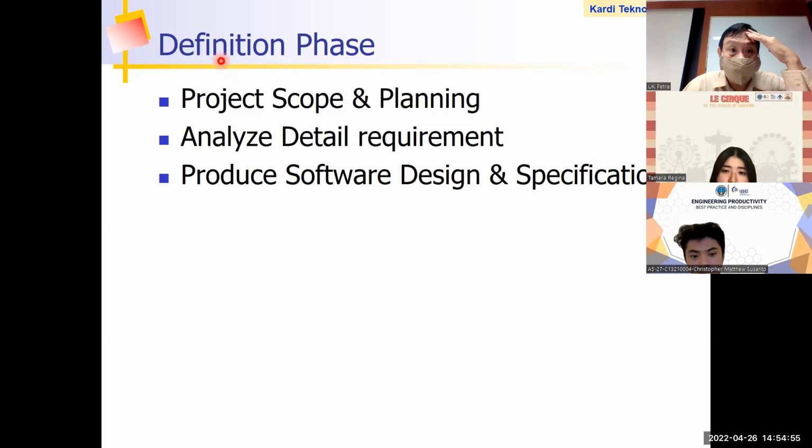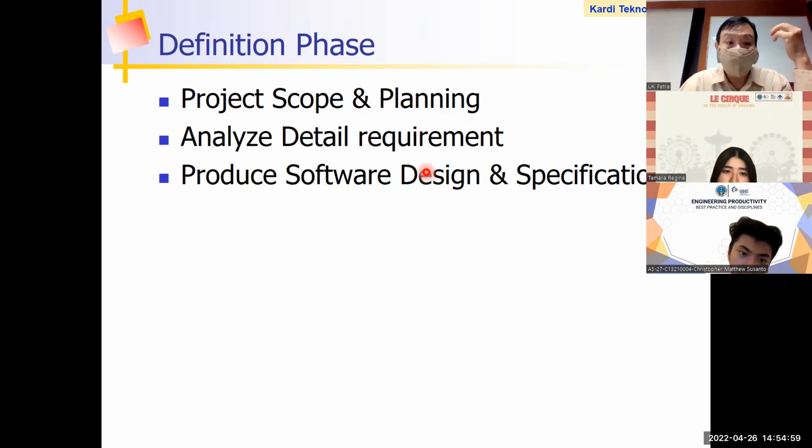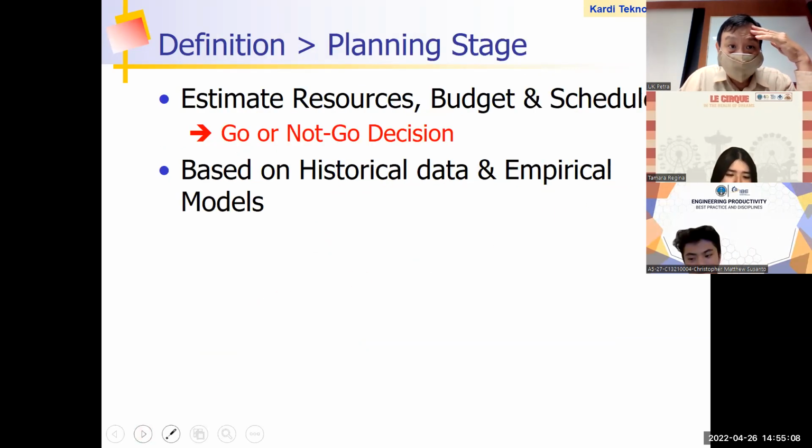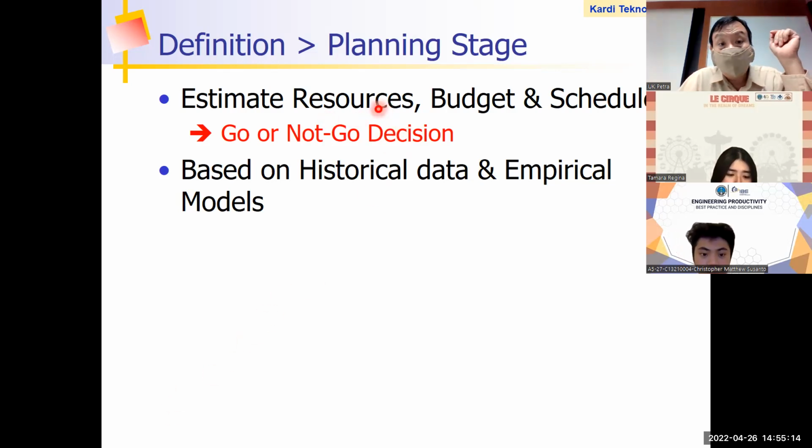Okay, in the definition phase, you have project scope and planning, and then you do what is called detailed requirements. You analyze, and you create the specification. So in definition, first you only estimate the resources that you have, the budget and the schedule, right?